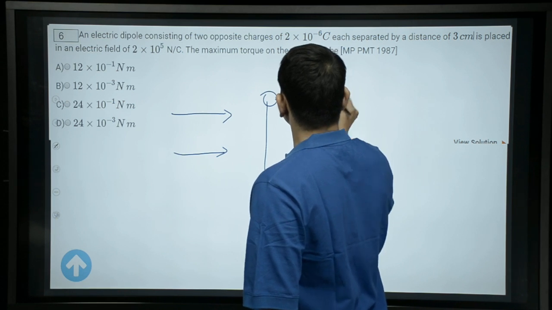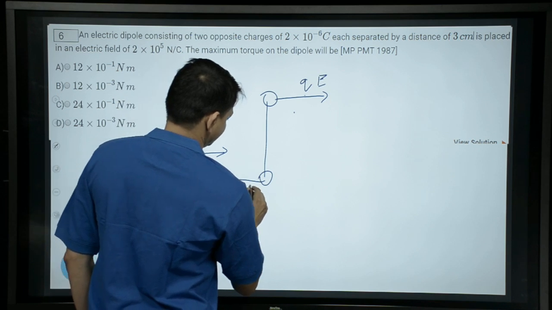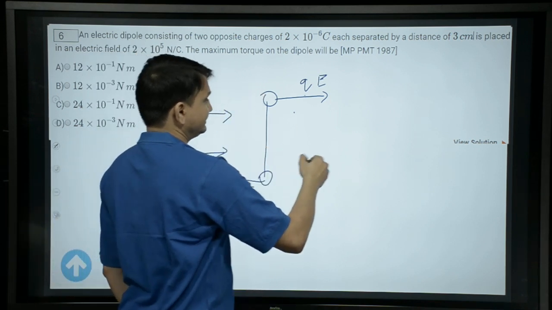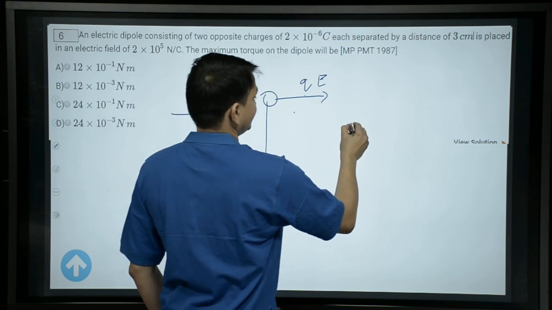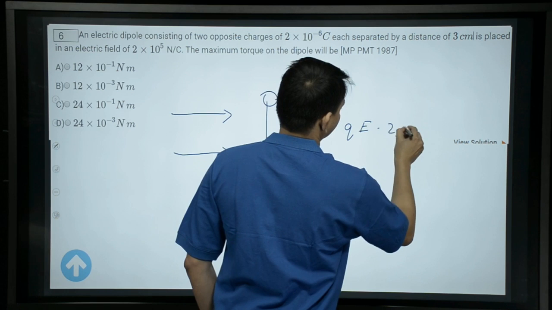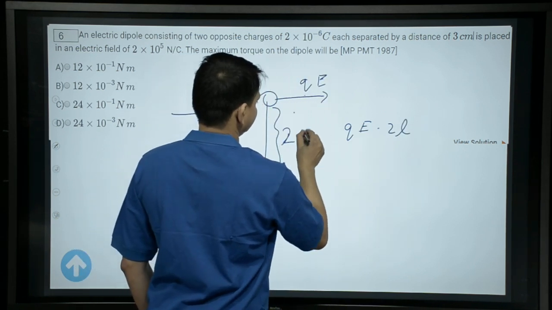So, QE, Q. And the torque would be QE times 2L, 2L being the whole distance.